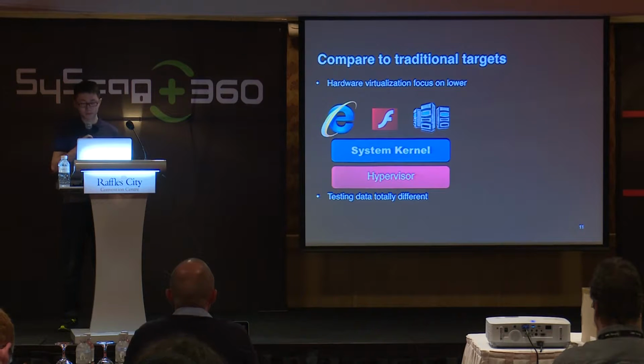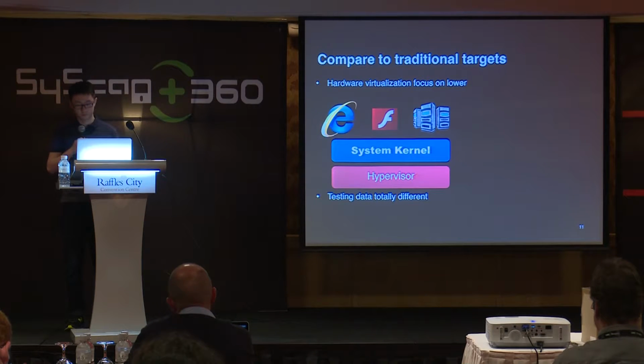And secondly, the testing way seems more particular in the virtualization fuzzing framework. For instance, in a normal fuzzing framework, a web page can be used for IE fuzzing. Remote network packets can be used for Nginx server fuzzing.